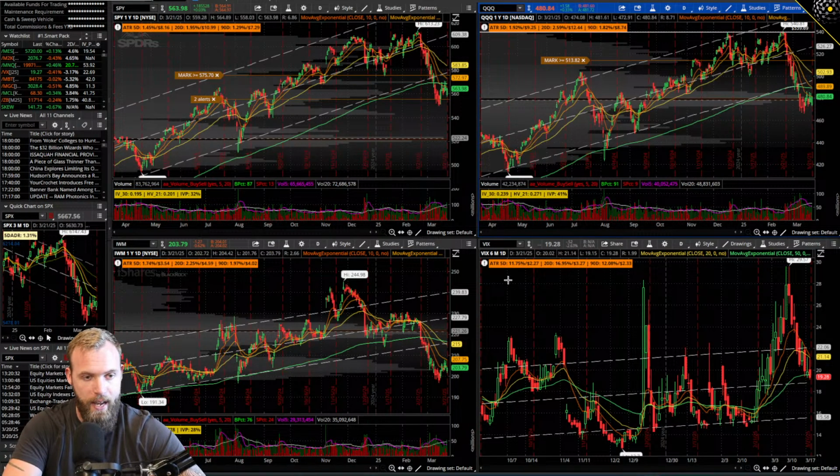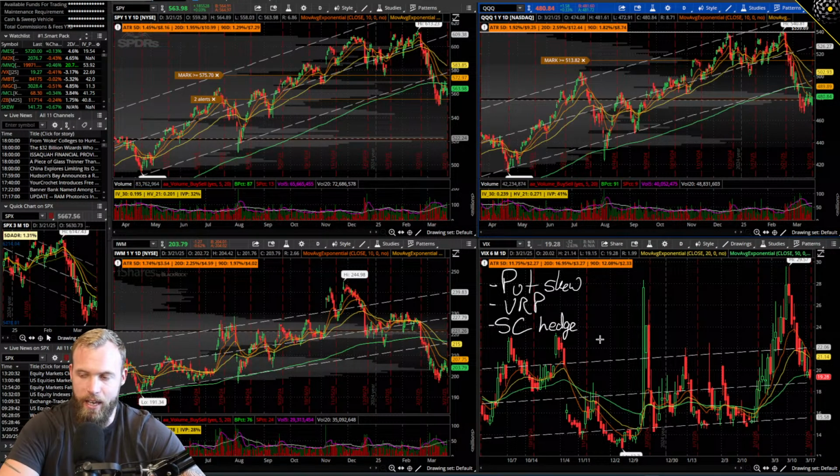So to recap those, we have put skew, we have variance risk premiums, we have short call. I don't want to use the term hedge because I don't mean it that way, but that is what will be most familiar to people. So I have the short call hedge, but then these are also managed to avoid assignment when I want.